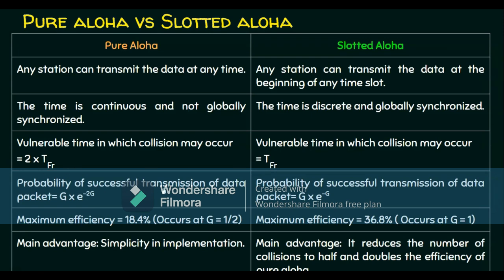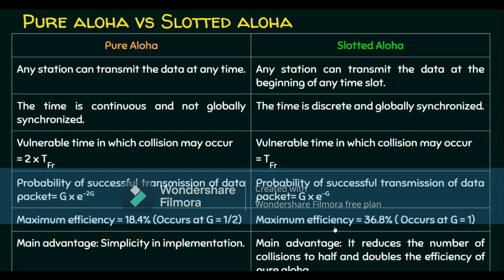The probability of successful transmission of data packets or frames in Pure Aloha is G into e power minus 2G, whereas the probability of successful transmission of data packets in Slotted Aloha is G into e power minus G. The maximum efficiency is 18.4% because the throughput is 0.184 and it occurs at G equal to 1 by 2, where G means the number of stations that wish to transmit at the same time.